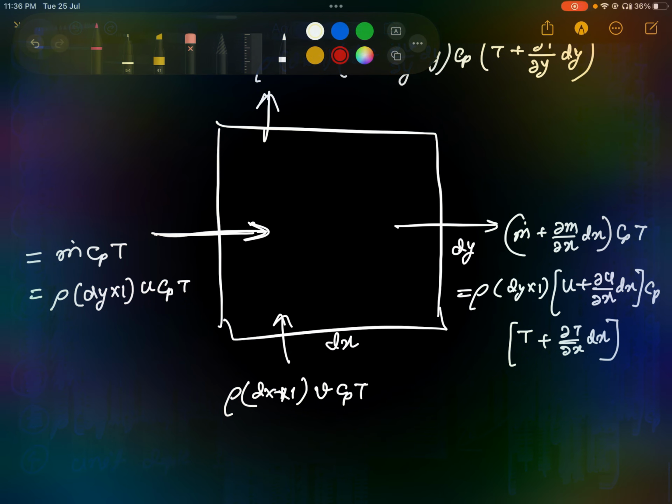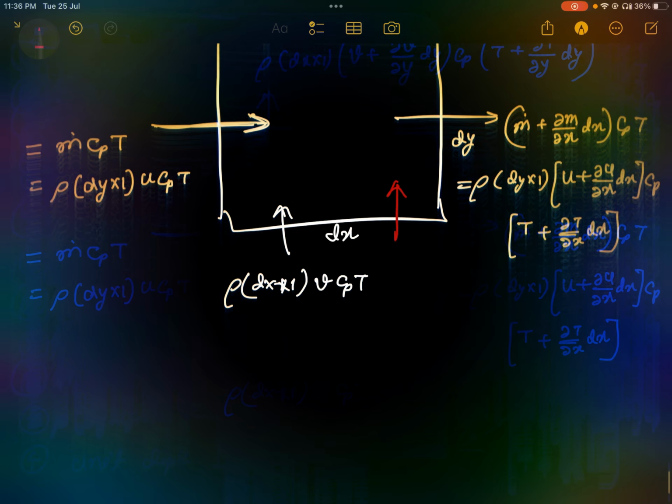Now, one more important thing: that heat will also conduct along the y direction.